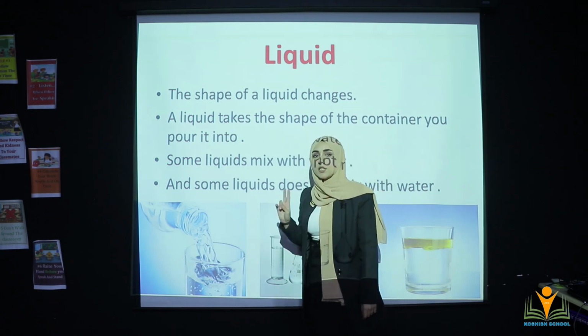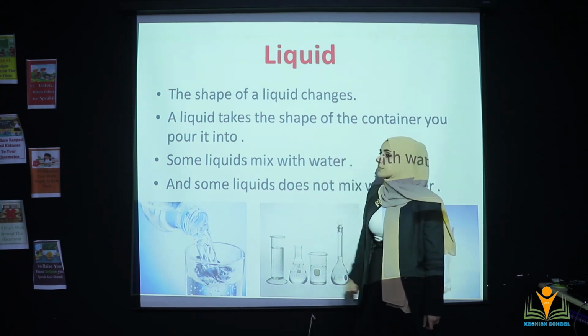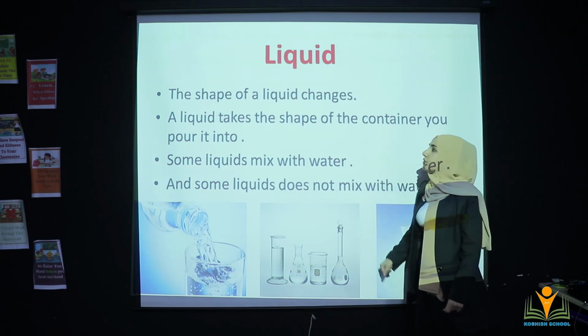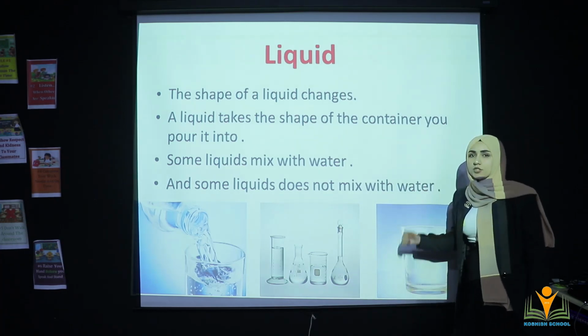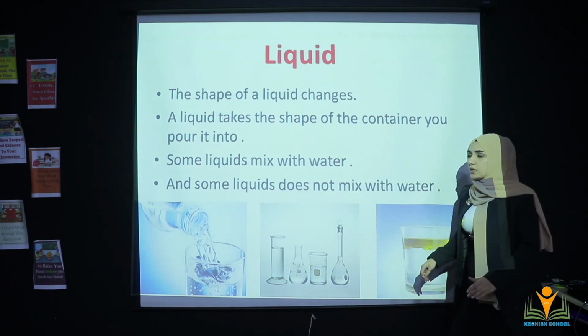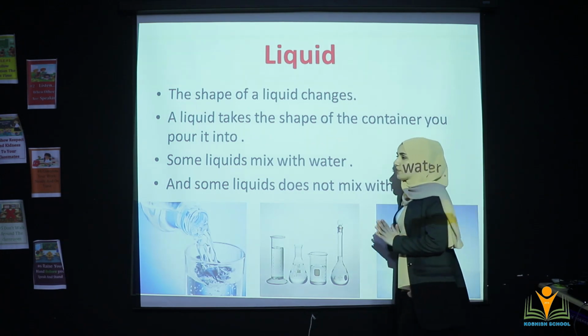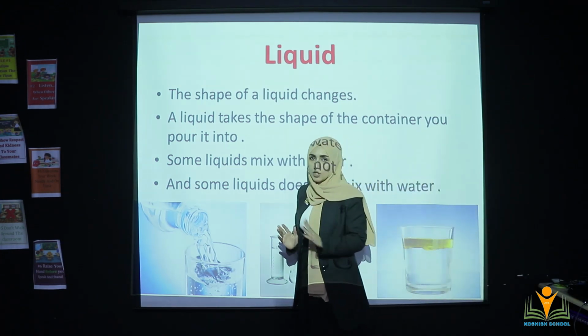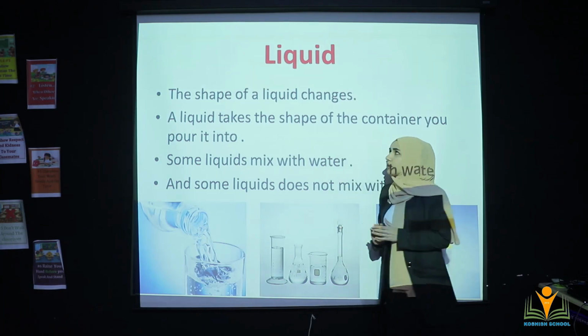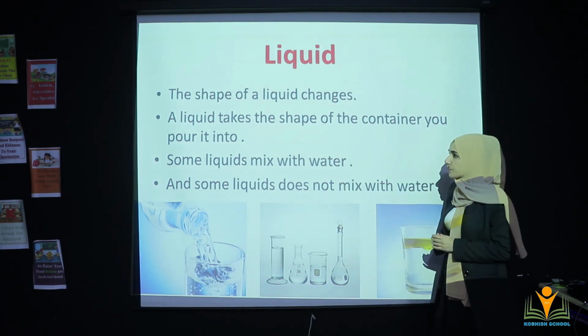And the second state of matter is liquid. The shape of a liquid changes. We say the shape of the solid doesn't change, but the shape of the liquid will change.